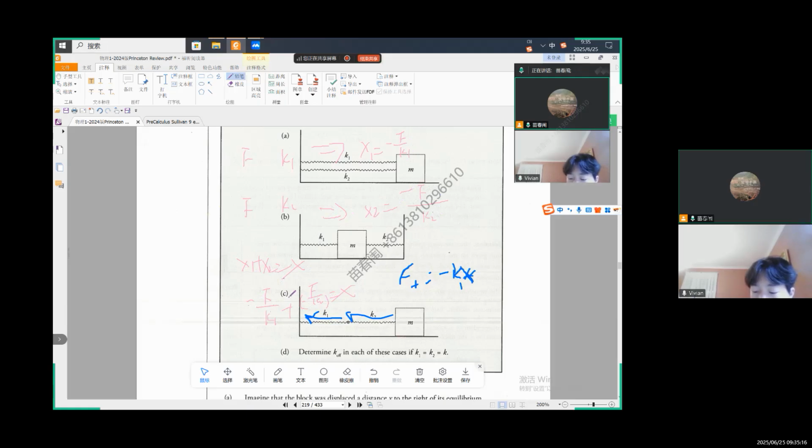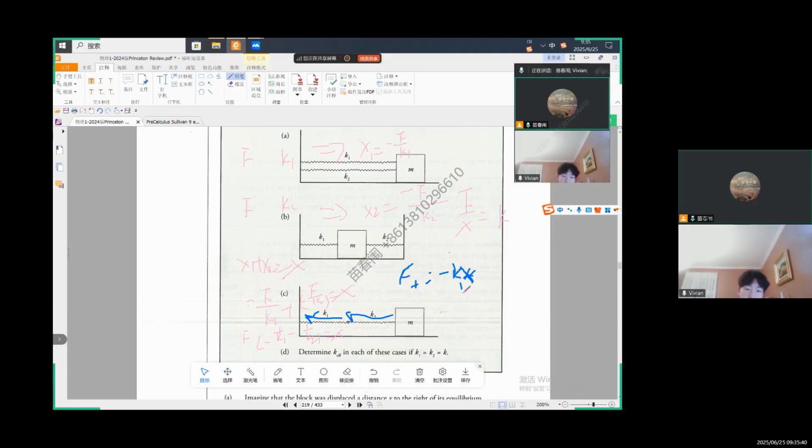Eventually I want to find F over X, which is going to be my K total. So I get an F in here. It's negative 1 over K, 1 over K1 minus 1 over K2. This is X, so I might want to get a negative sign out.